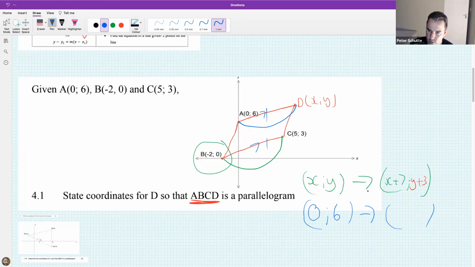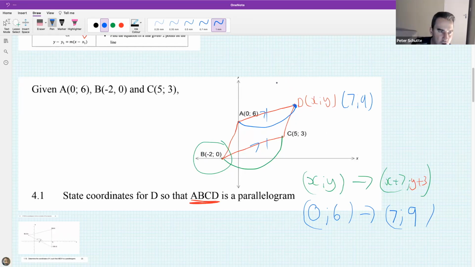I add 7 to 0 and I should get 7, and add 3 to Y and I should get 9. And so the missing point that I needed to figure out is going to be 7, 9. If I have a point D which is 7, 9, I will have a parallelogram.